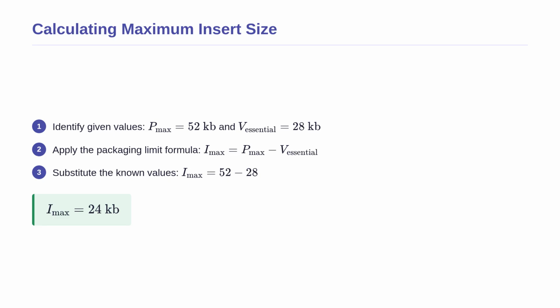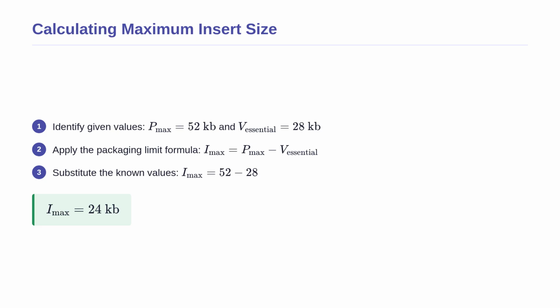Before we move on to our next virus, let us see this formula in action with a concrete example. A genetic engineer is using a Lambda replacement vector to build a genomic library. We are given that the maximum packaging limit of the phage head is 52 kilobases, and the essential left and right arms of the vector total 28 kilobases. We need to find the maximum size of the foreign DNA fragment that can be cloned.